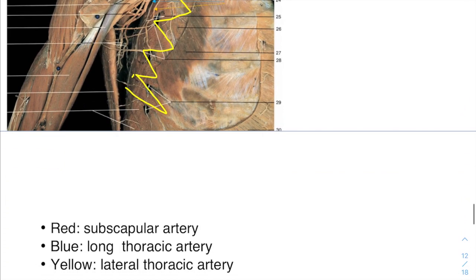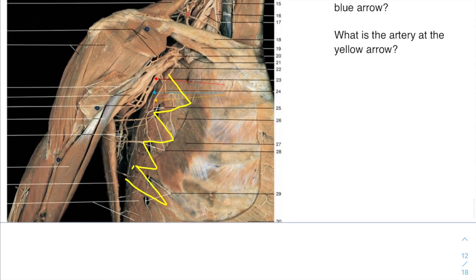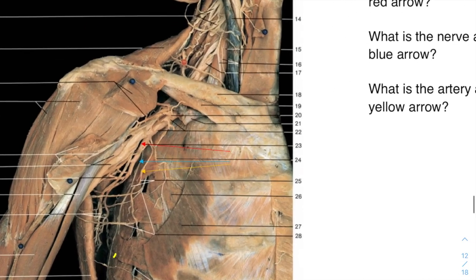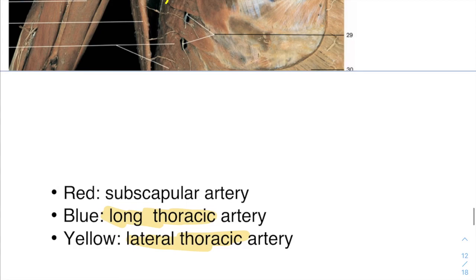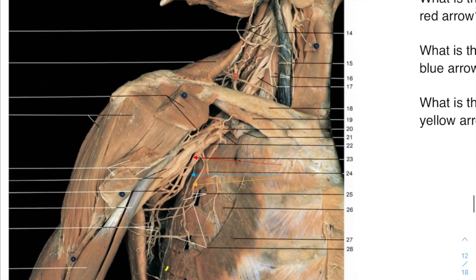So let's forget about this for a sec. We're going to say that it is supplied by the long thoracic and innervated by the lateral thoracic. So let me remove all these drawings. What you want to pay attention to, again, these are the blue and yellow arrows.